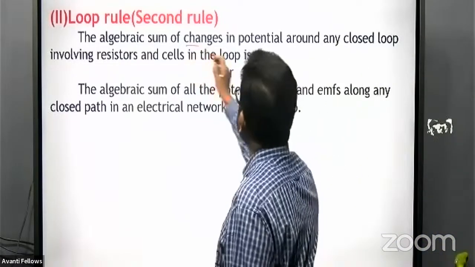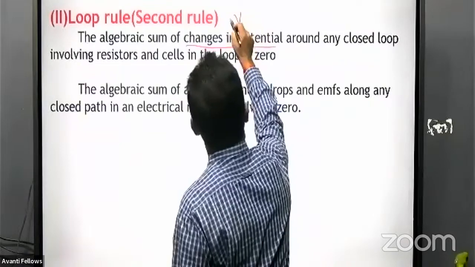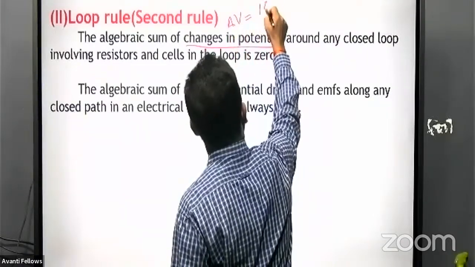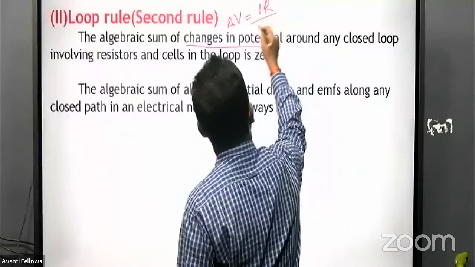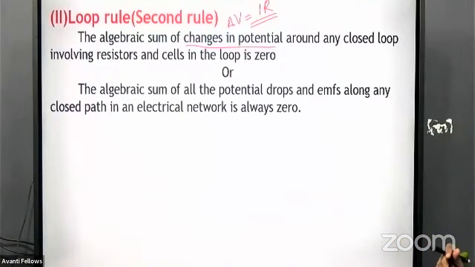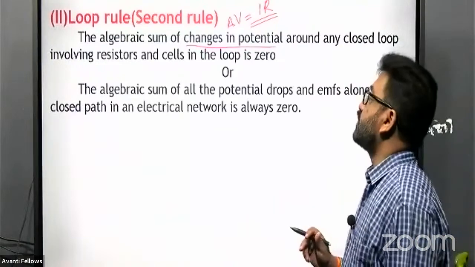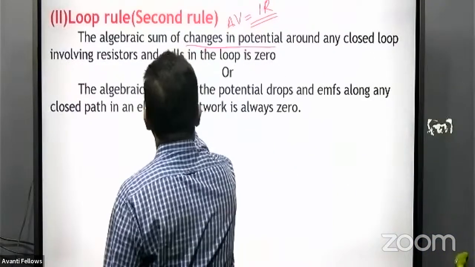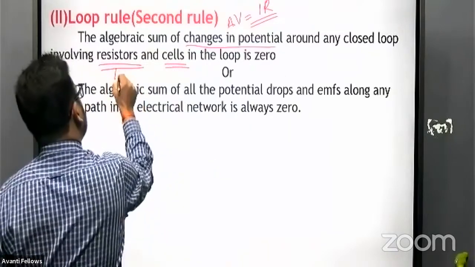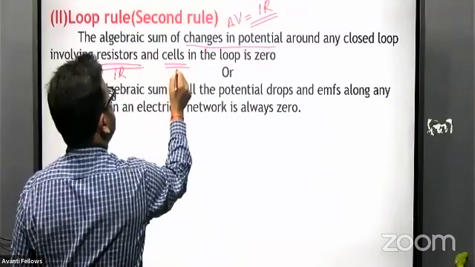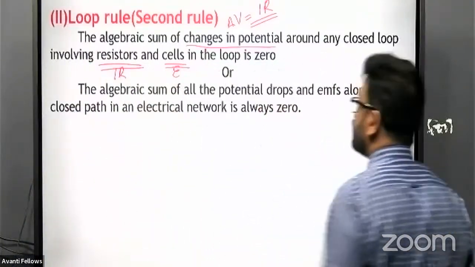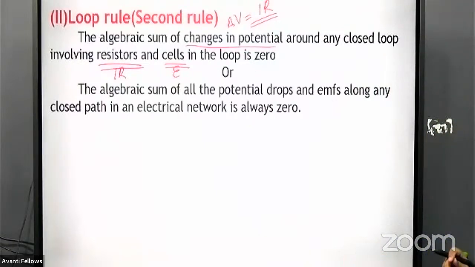Changes in potential means V or delta V. Delta V is equal to I multiplied by R. So the algebraic sum of all these IRs around any closed loop involving resistors and cells. Of course, the cells also will be there, and the resistors will be there. Here we have to put it as IR, and in the cells, we have to put it as EMF. So the sum of all these things reduces to 0.